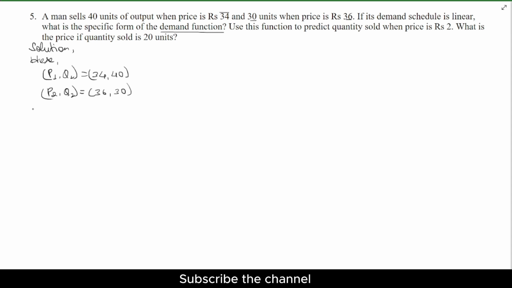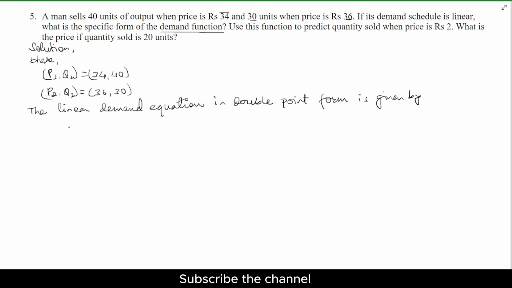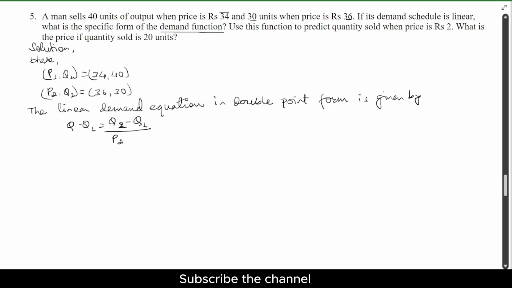Now the linear demand equation in two-point form is given by q minus q1 equals q2 minus q1 over p2 minus p1 times p minus p1.